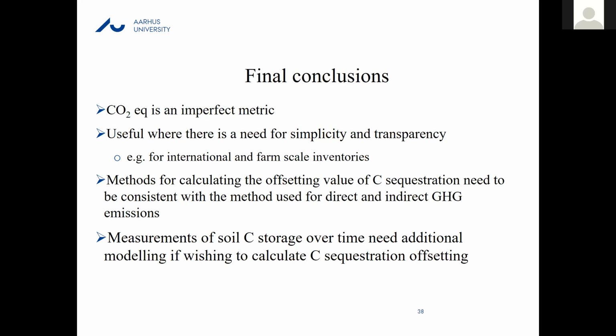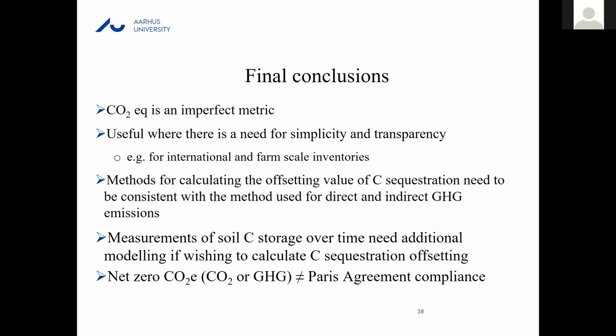Measurements of soil carbon storage over time need additional modeling if wishing to calculate the carbon sequestration offsetting. And achieving net zero, either in terms of CO2 or greenhouse gas emissions in total, does not mean that we have complied with the Paris Agreement.